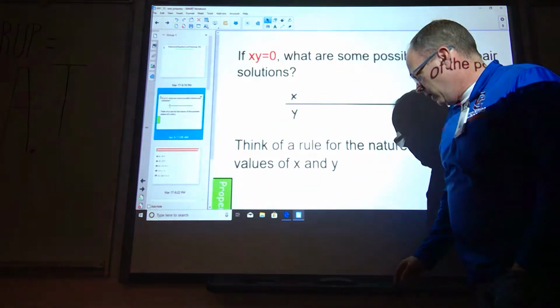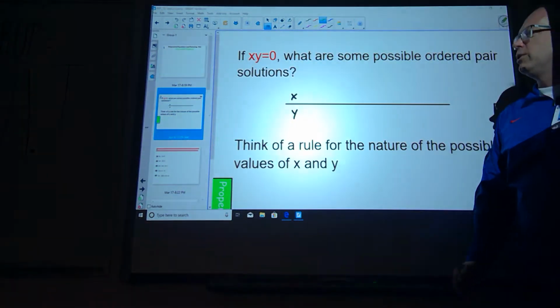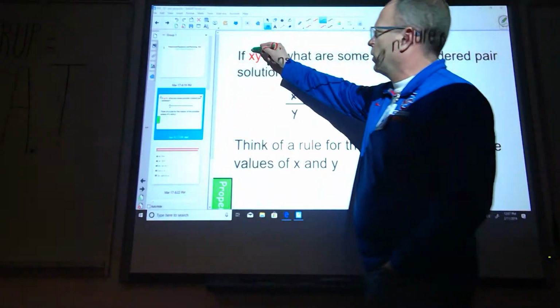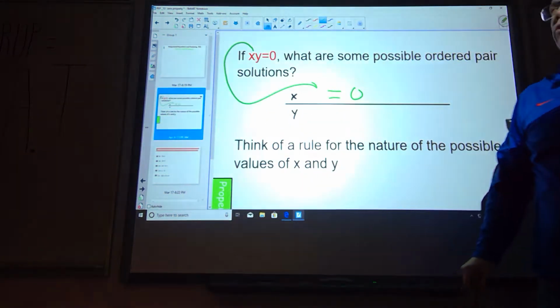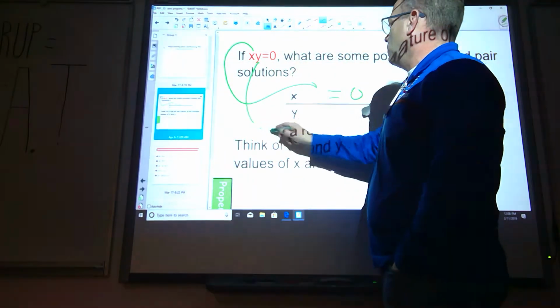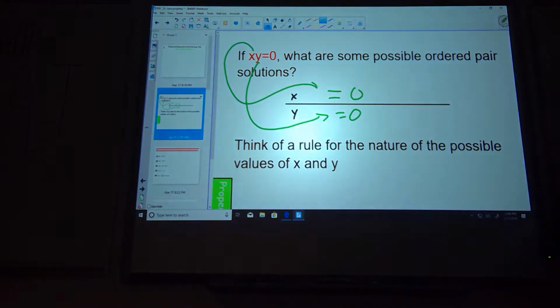If I had x times y equal to 0, I would know that if x equals 0, that would be a true statement, or if y were to equal 0, that would also be a true statement. Agree? Because x times 0 would be 0, or y times 0 would also be 0. So if I plugged 0 comma 0 in, because that's an x and a y as a point, that would be true as well.